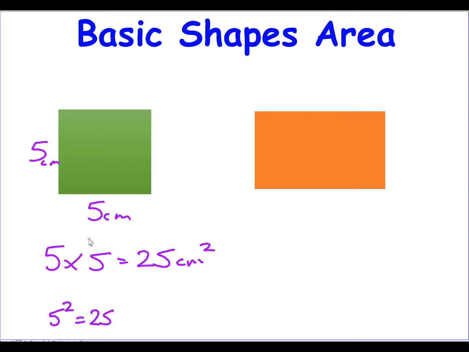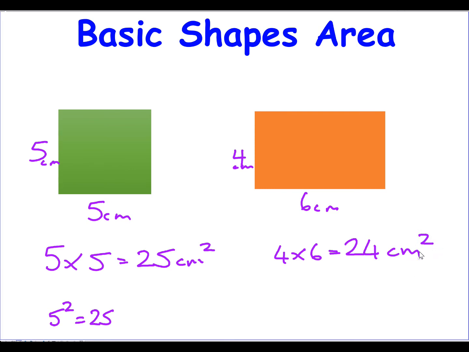Now if you have a rectangle, you just need to combine the 2 dimensions. So if this is 6 centimetres and this is 4 centimetres, then to work out the area, you need to combine these 2 dimensions. So 4 times 6 is 24 centimetres squared.